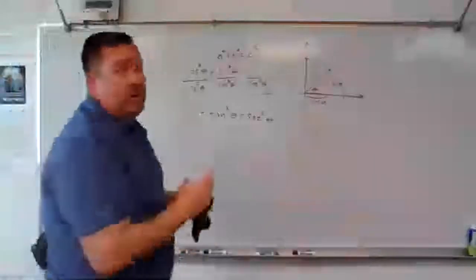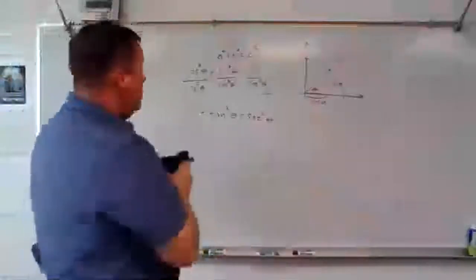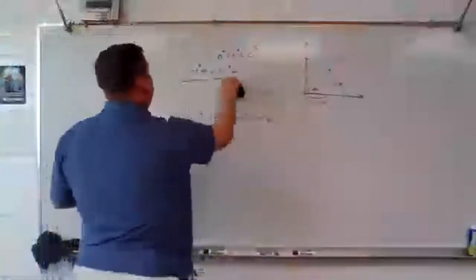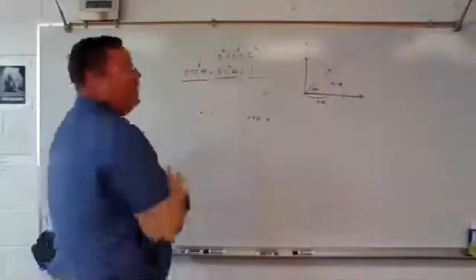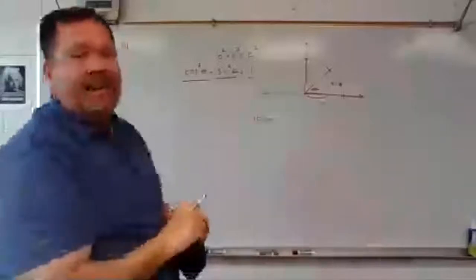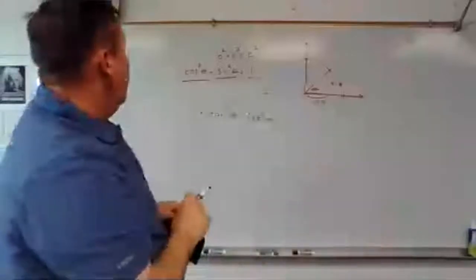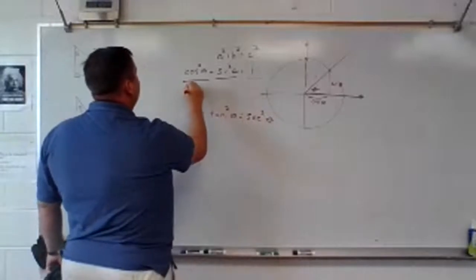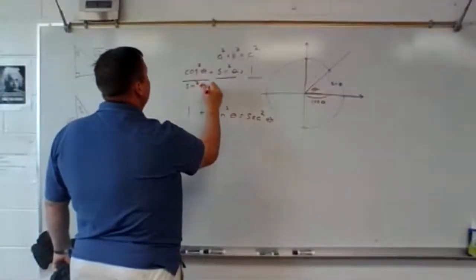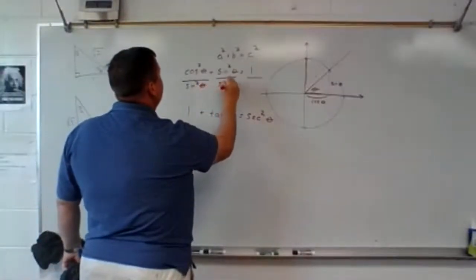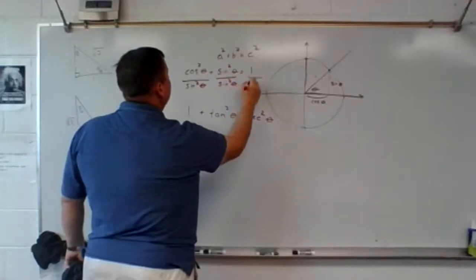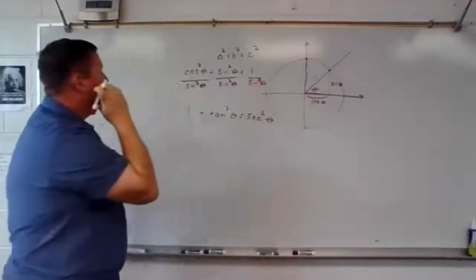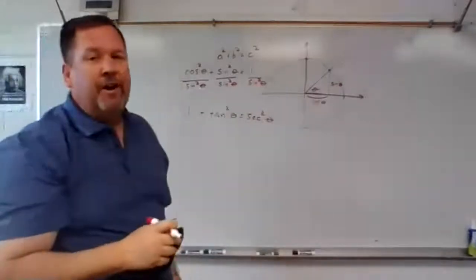I want to do something similar and come up with one more. What if now I decided, hey, I'd like to divide all these by sine squared theta? So let's look at that first fraction.